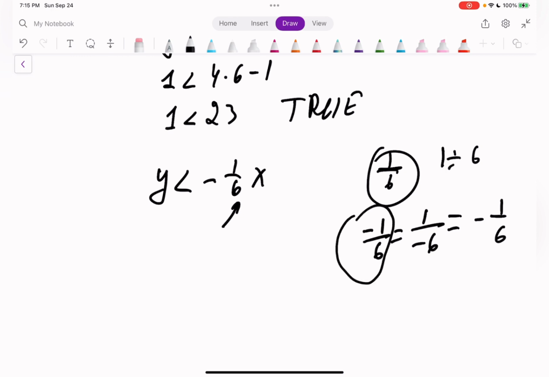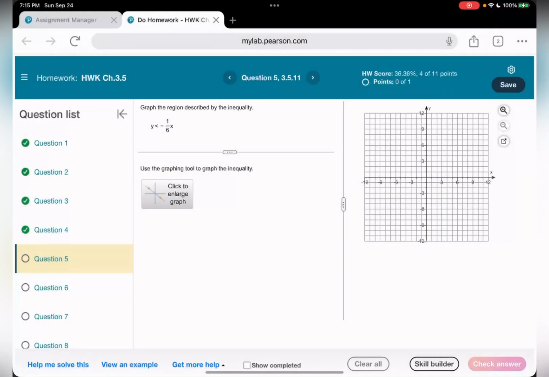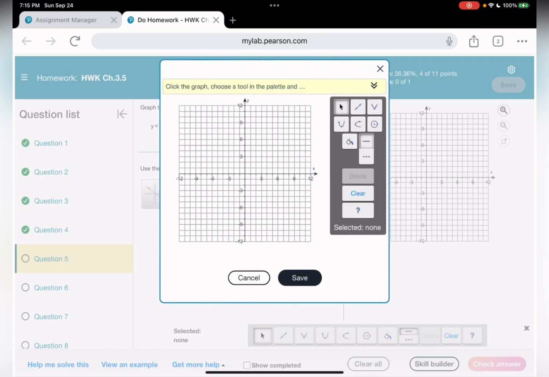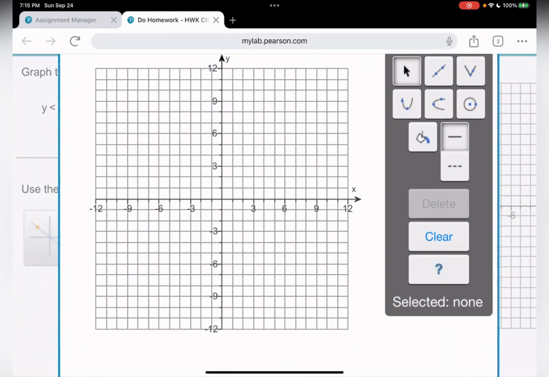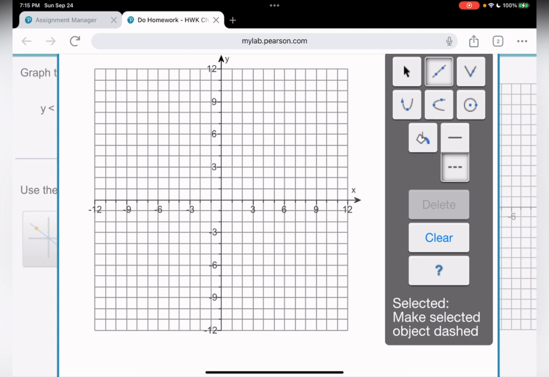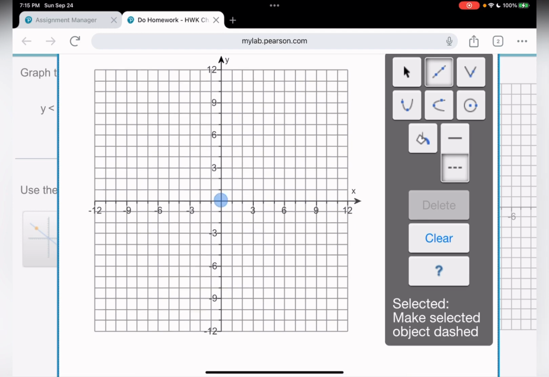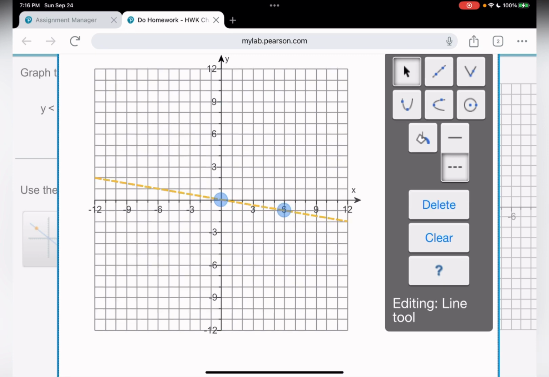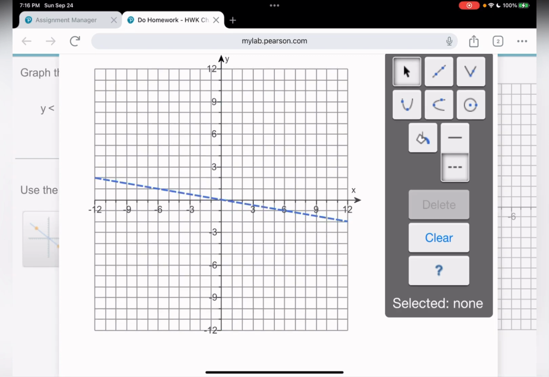Negative 1 over 6, which means, what am I going to do now? Since my intercept is missing, 0, I'm taking 0, and I'm taking dashes because the equal sign is missing. And then negative 1, I'm going down by 1, and then positive 6. There we go.